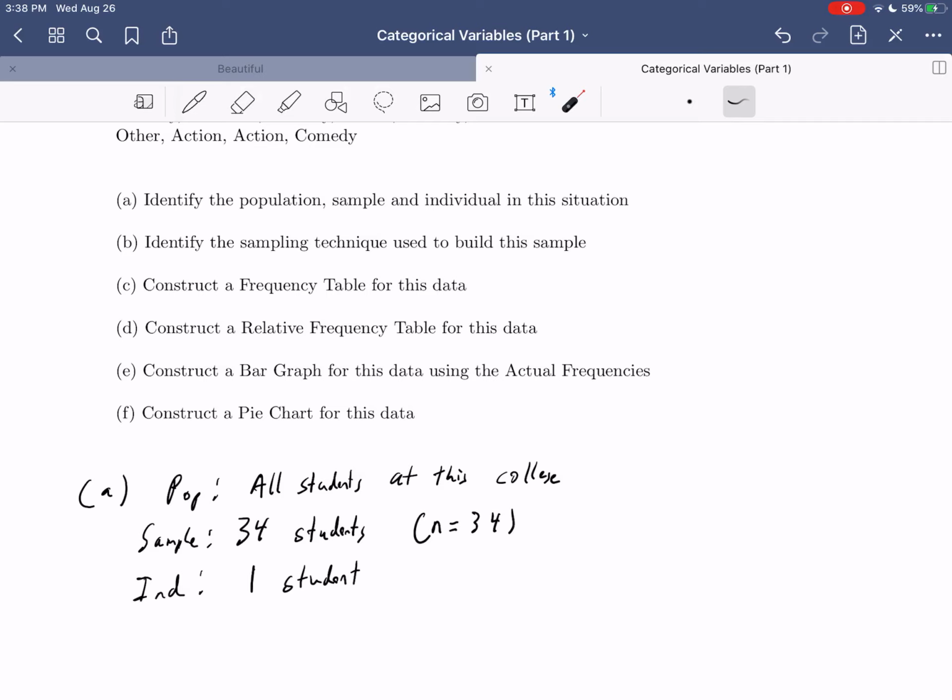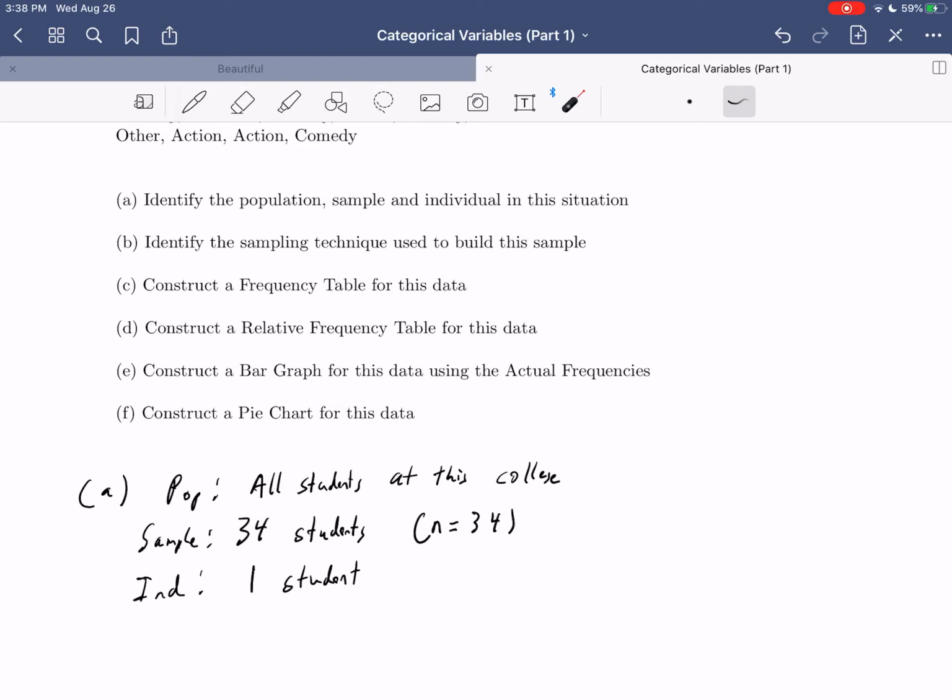This should seem very familiar because we've had this sort of structure over and over again. One thing I want to call attention to, we may have mentioned this in previous videos, but keep in mind that whenever you're writing population, sample, and individual, the variable is nowhere to be seen. We don't have any mention of favorite film genre. Why is that? Because in a more realistic statistical survey, you might collect dozens or even hundreds of variables about every person.